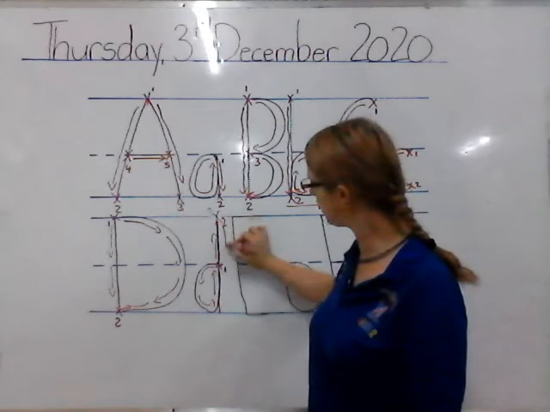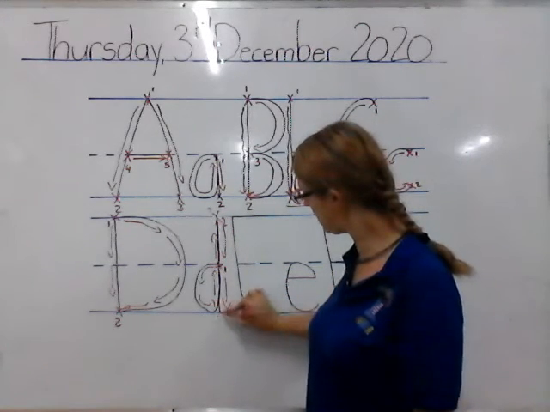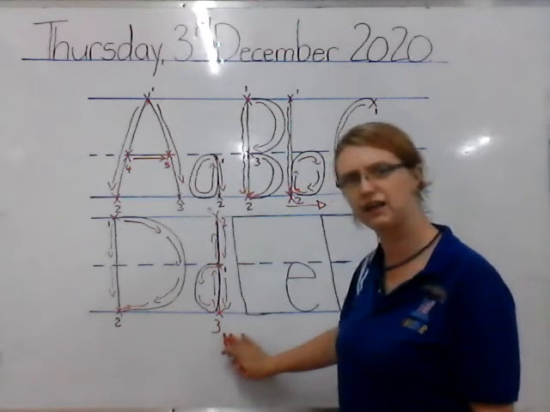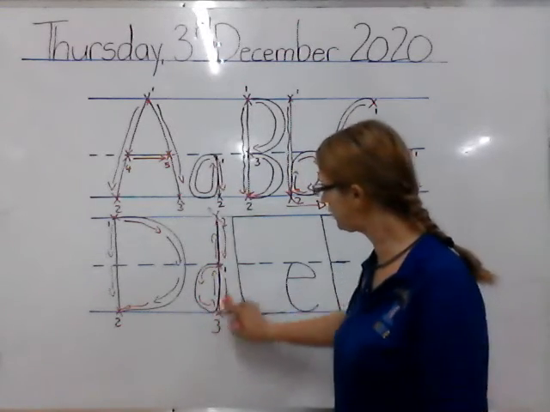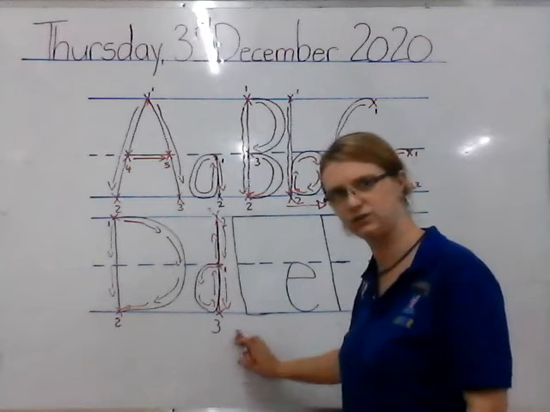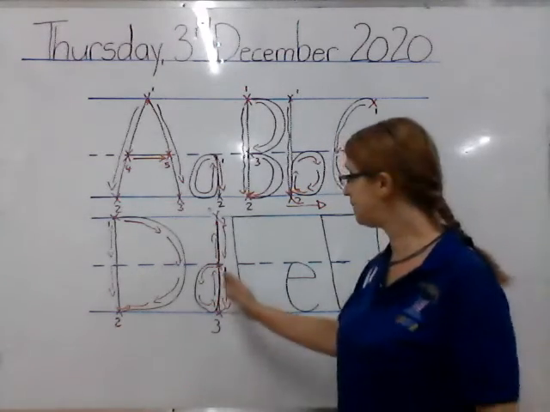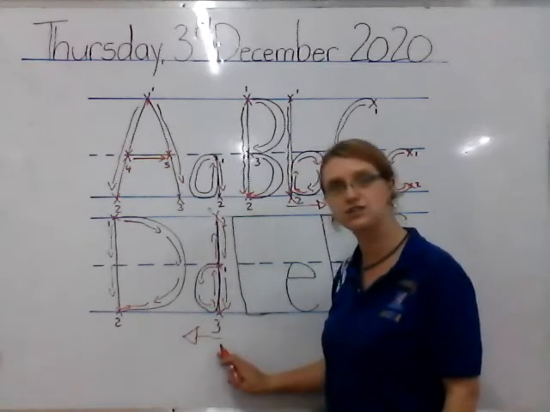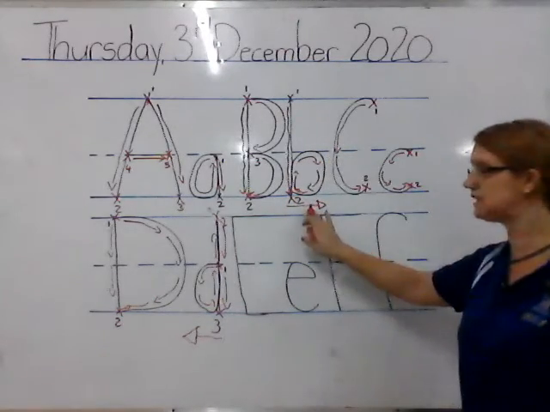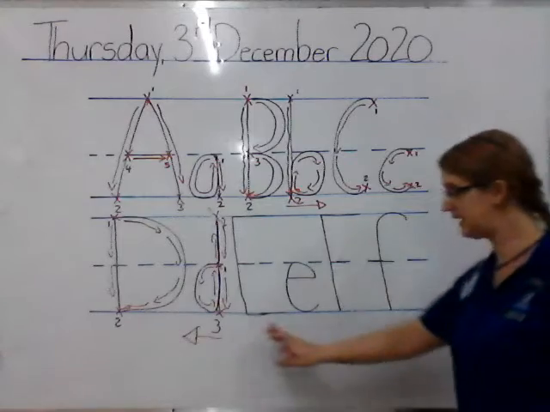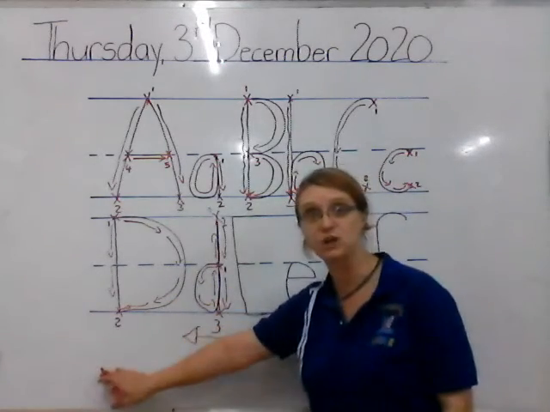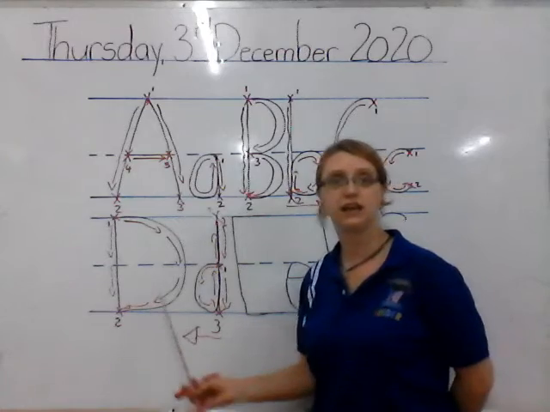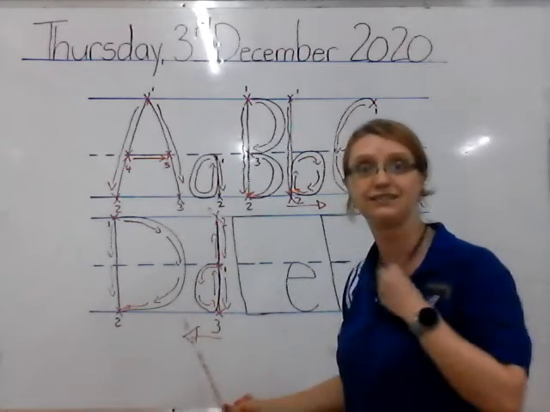And then we're going to come back down, down to point number 3. So it's round, round, round, round, up, down. And the bubble is looking that way. Can you see? Letter B is looking this way. Letter D is looking that way. Uppercase D, lowercase d.